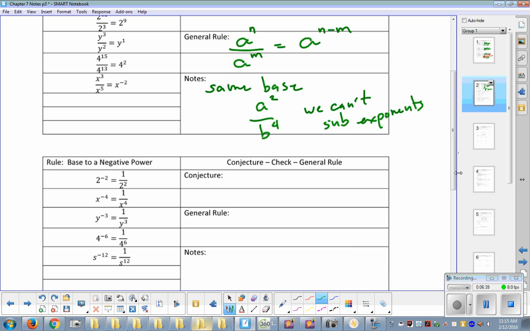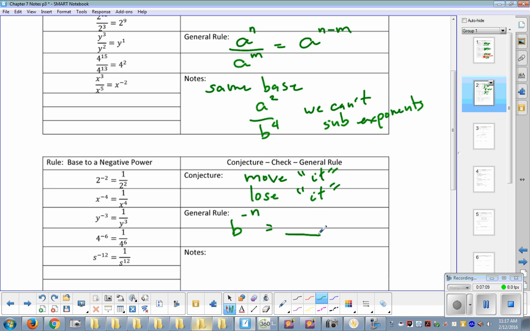Any conjecture here? What about this? Move it and lose it. In general, if we have a base, for example, raised to a negative exponent, remember that we only have 2 parts in our fraction.